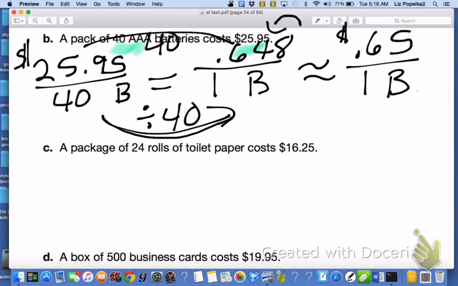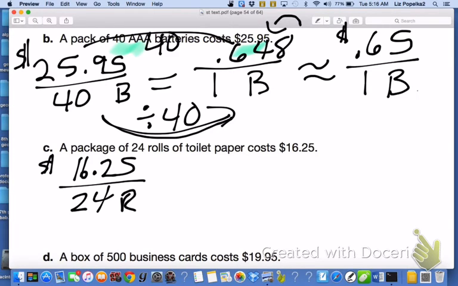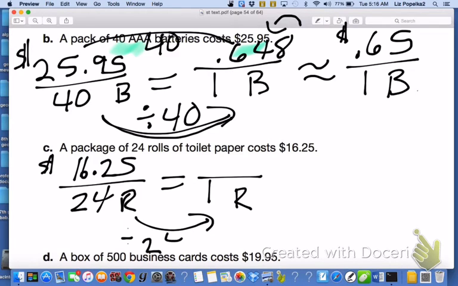Part C, go ahead and try it yourself. Pause the video, restart the video when you're ready to check your answer. I'm going to go ahead and work it. So it was $16.25 for 24 rolls because we're finding the unit rate. I want to know how much it was for one roll, the unit. I scaled down by dividing by 24.